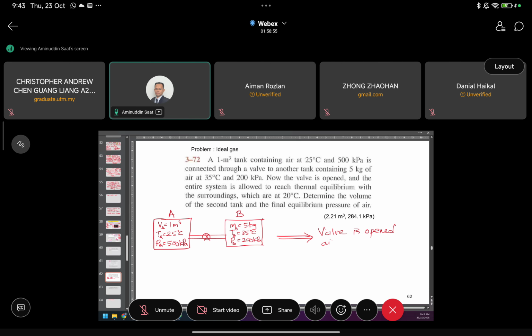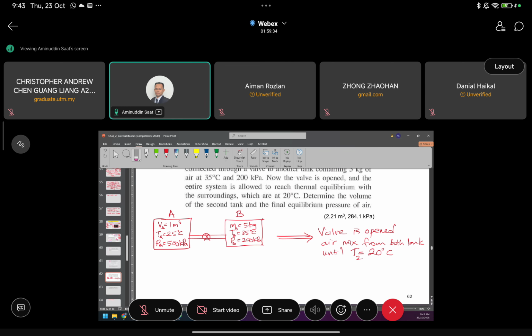Then the air mixes from both tanks until the temperature reaches equilibrium at 20 degrees Celsius. So this means T final, T2. Probably this will be a bit confusing, so I put T final.